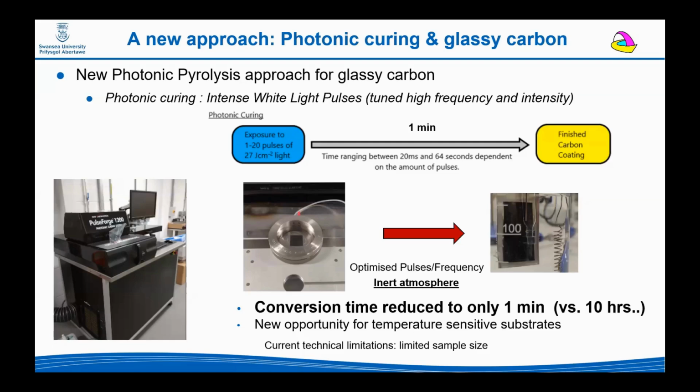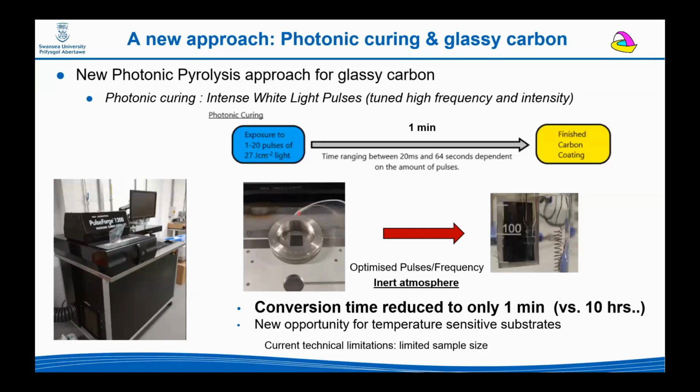Lots of energy in a very short amount of time. Another advantage: you are hitting only the top surface. You are not hitting the substrate underneath. This means that the supporting substrate is subject to lower temperature. You don't have to heat up to 800 degrees for 10 hours. So you can use also more thermally sensitive materials.